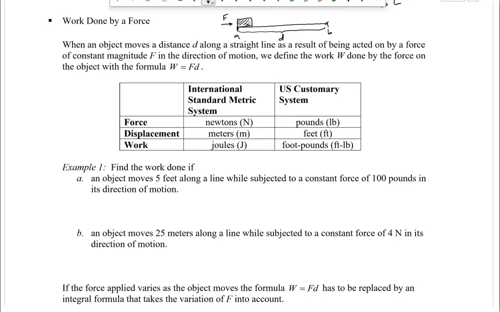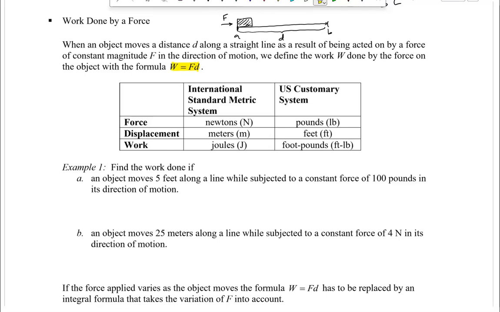We define the amount of work done by applying a constant force F to our object over a displacement or distance of d as the product of the force and the distance that we've pushed this thing. Okay, so that's for a constant force.